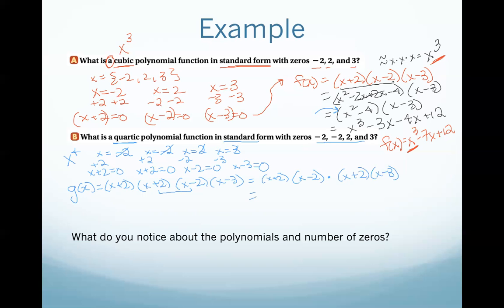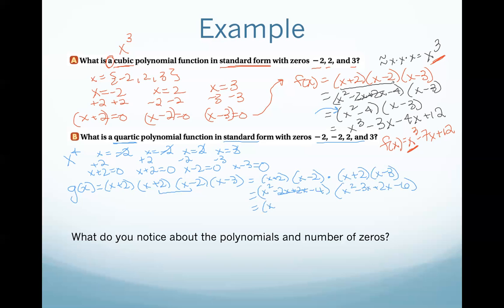So now we actually did this same FOIL before, but we'll write out the steps. x squared minus 2x plus 2x minus 4 times x squared minus 3x plus 2x minus 6. The middle terms cancel out like we knew they would.